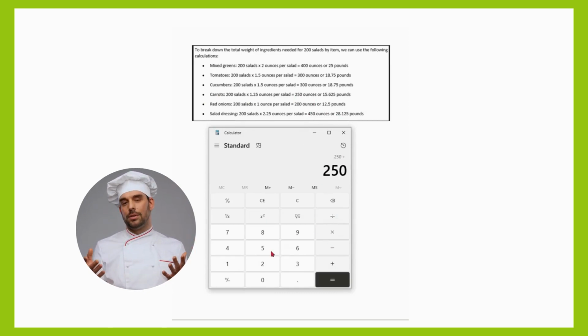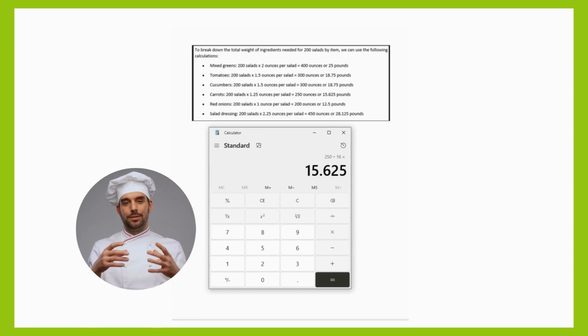So I want to divide that by 16, and I know I need basically 16 pounds of carrots. Depending on what kind of carrots you're going to buy, usually it's going to be a 20-pound case.